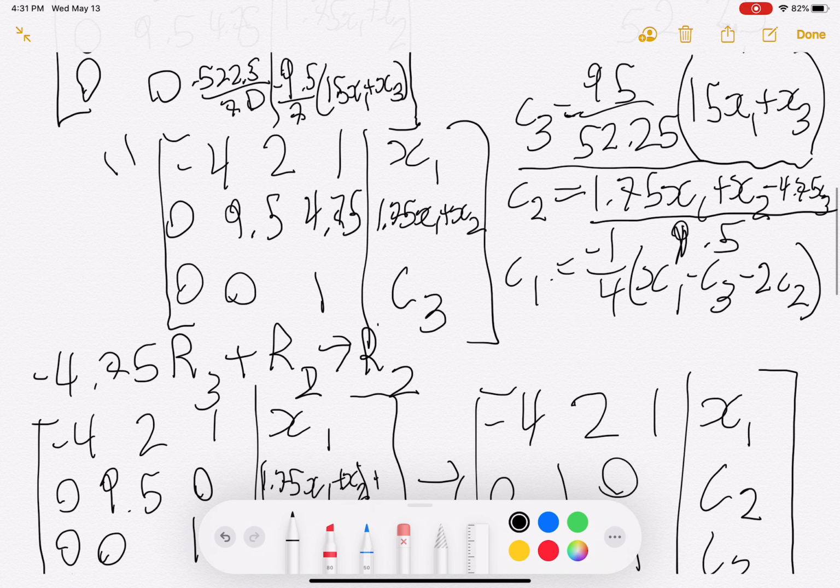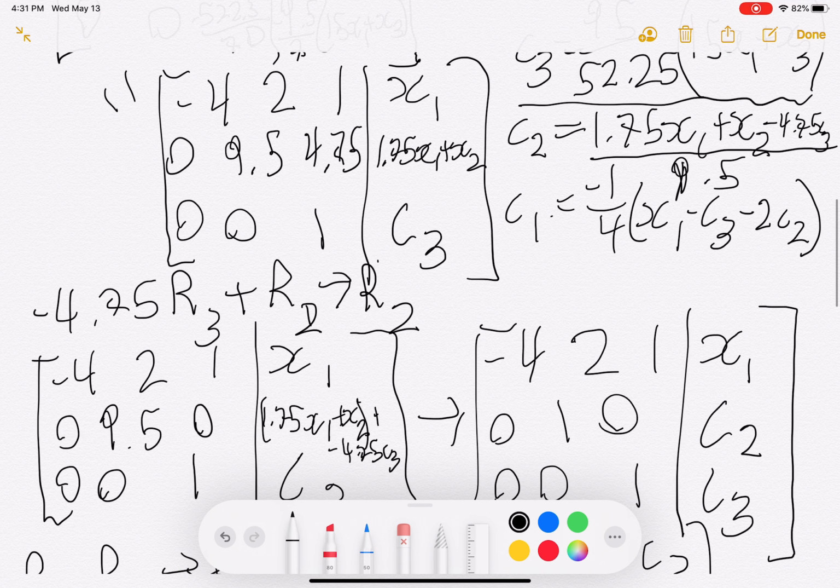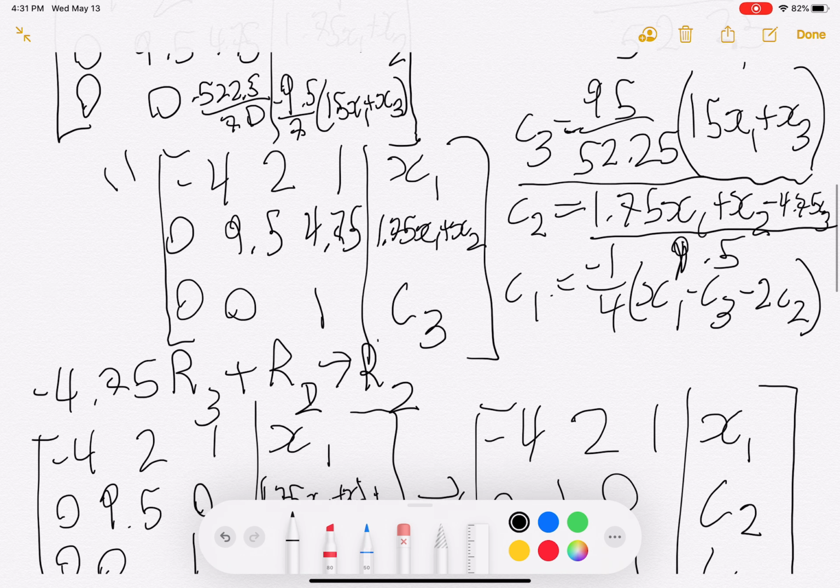So now we've essentially just proven that if you give us any value of x, even though this might seem to be in terms of C, I'm assuming that you start from calculating for C3. So somebody gives you values of x, then you can plug those values of x back in when you get C3, but you also have to include C3 in this equation here. It's going to be very tedious to calculate, obviously, but nevertheless, you'll get your answer.